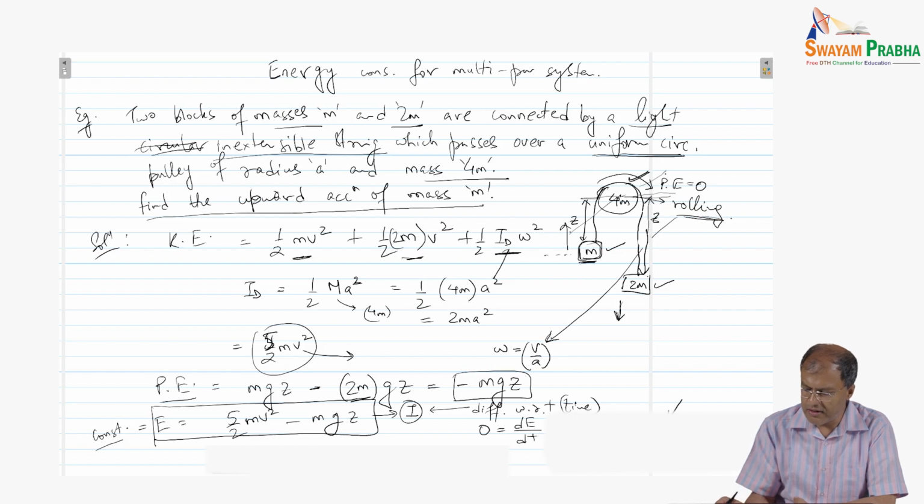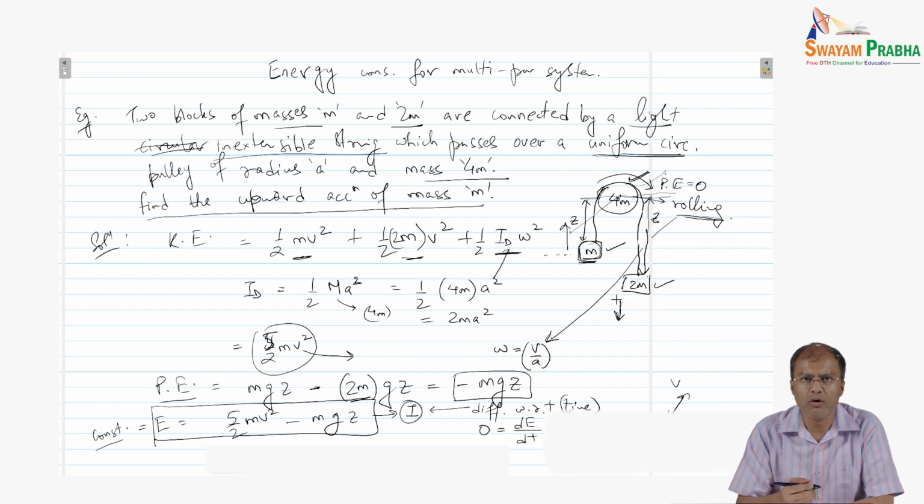And we see that dz/dt is nothing but the velocity v of the system, and we can post process this small equation. We see that dv/dt comes out to be g over 5, right? That is the acceleration we expect the lighter mass to move up, and the same acceleration we expect the heavier mass to go down.